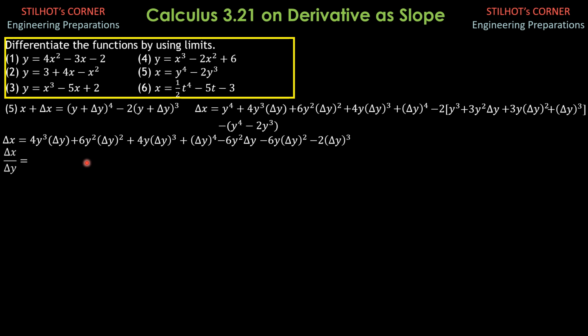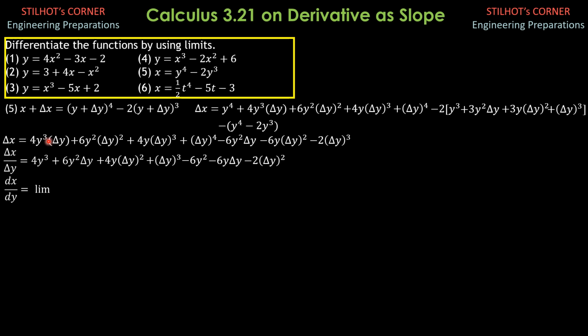So delta x over delta y equals 4y cubed plus 6y squared delta y plus 4y delta y squared plus delta y cubed, minus 6y squared, minus 6y delta y, then minus 2 delta y squared. Then derivative of x with respect to y, dx dy, is the limit of this ratio as delta y approaches 0.